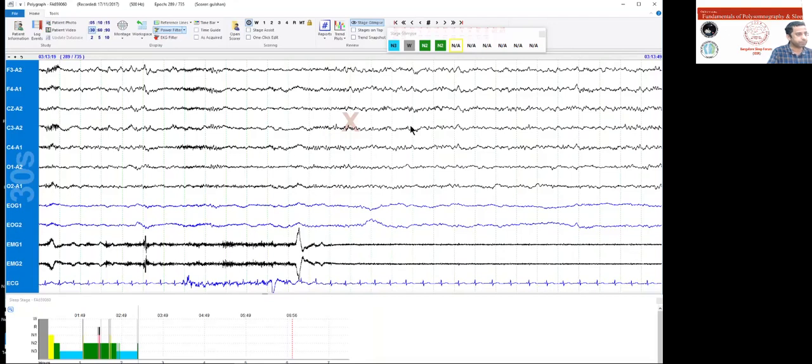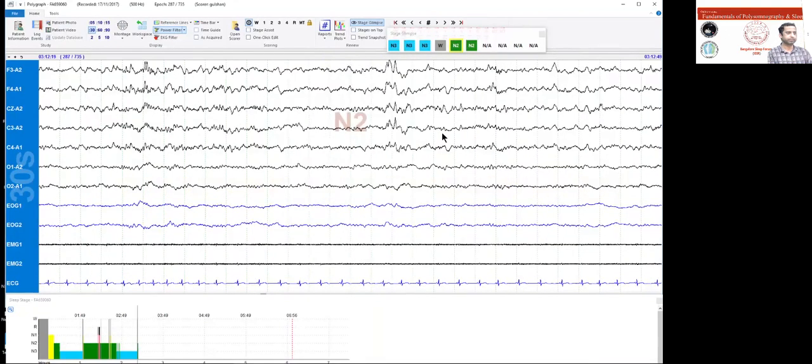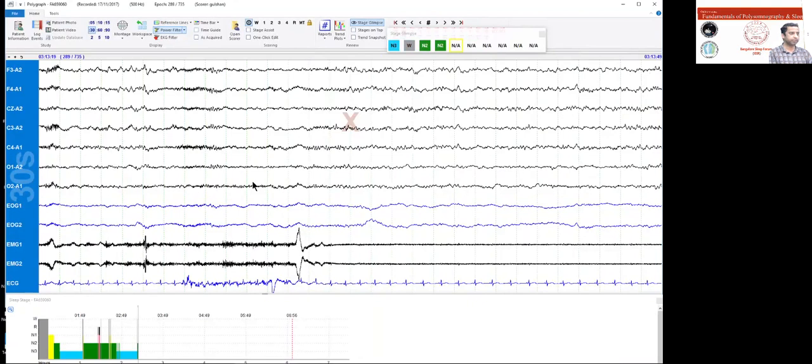Okay, so we'll see this epoch. Some elements are there, but see that. This is N2, 287, 288 N2, and some alpha activity is also there.